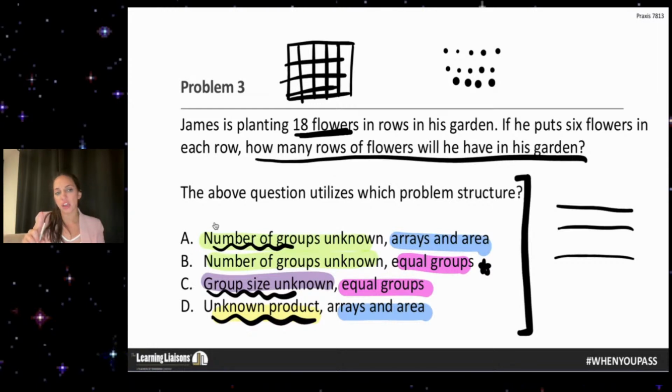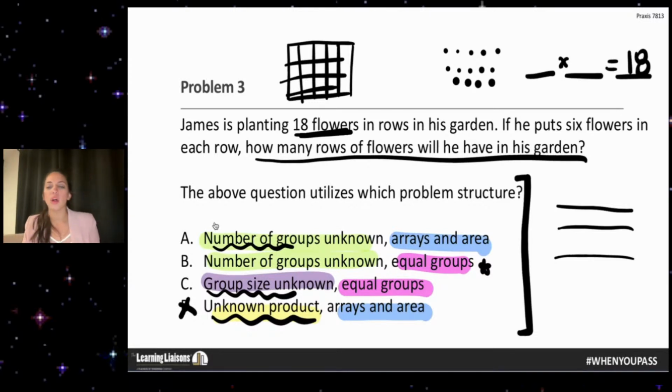I can cross off unknown product right away because 18 is the product, right? If we were to set this up as a multiplication problem, it's going to equal 18 because that is the total number of flowers I have. So I'm not looking for the product. Am I looking for the number of groups or how many is in each group?